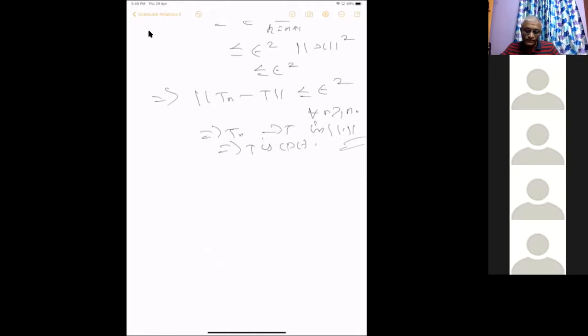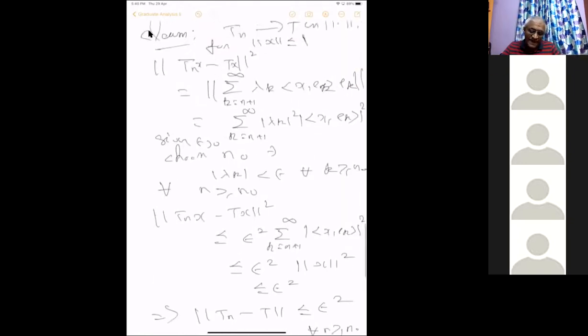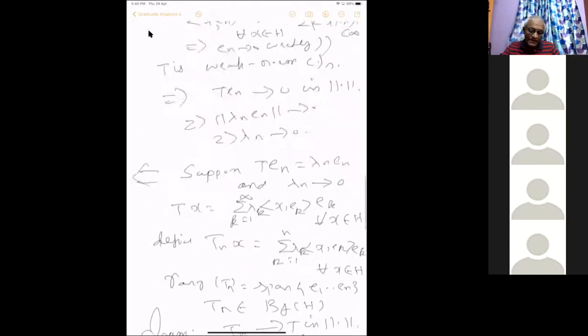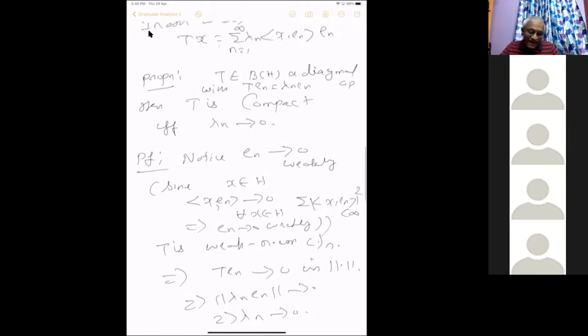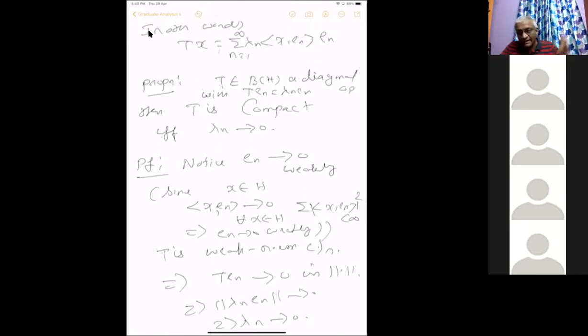Fine. So we have proved: we have a diagonal operator. A diagonal operator means you have an orthonormal basis of eigenvectors with some eigenvalues. I hope all of you know what eigenvectors and eigenvalues are, so I don't have to write it.